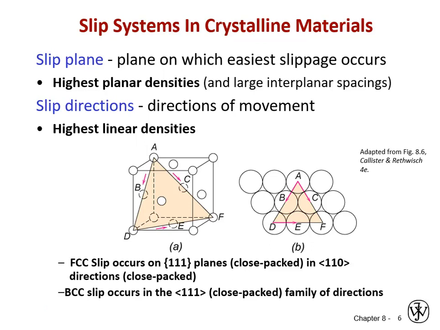So if you want to compare FCC and BCC, because FCC is a true close packed crystal structure, it will be easier to get dislocations started moving in an FCC system, all other things being equal, because it has those close packed planes and directions to move.